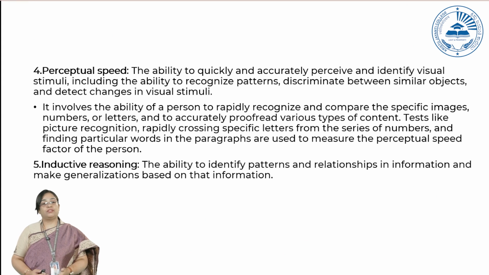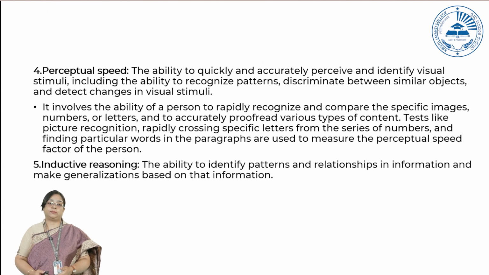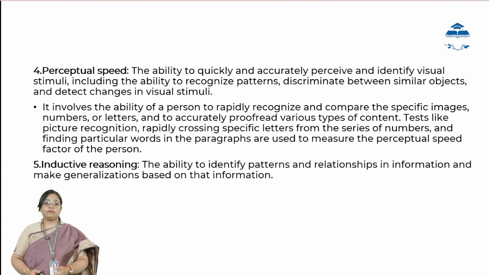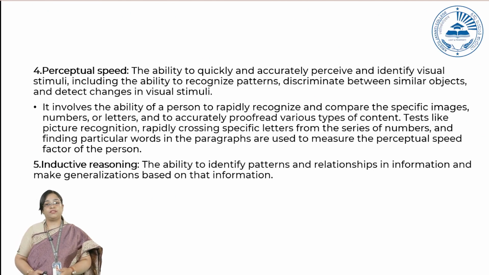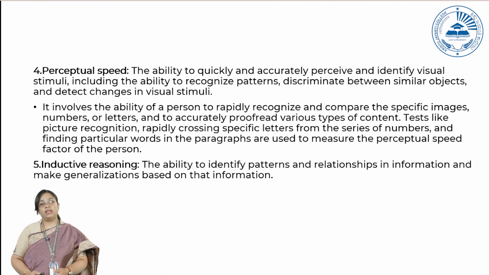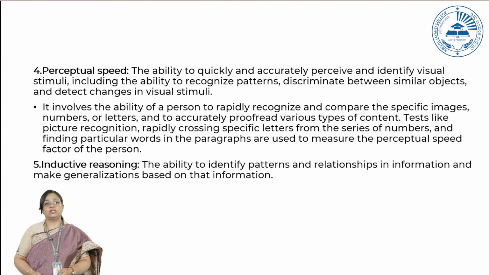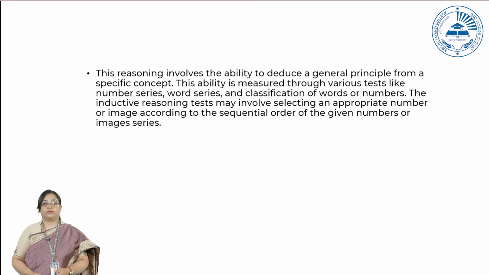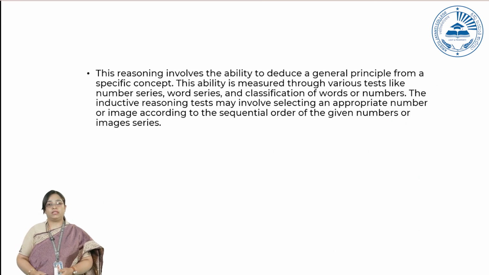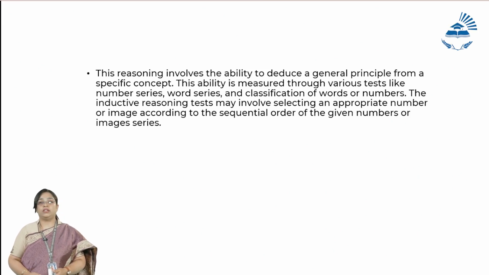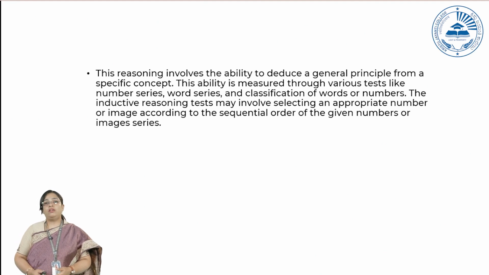Moving on to the fifth primary ability given by Thurstone, which is called inductive reasoning. The ability to identify patterns and relationships in information and make generalizations based on that information. This kind of reasoning involves the ability to deduce a general principle from a specific concept.